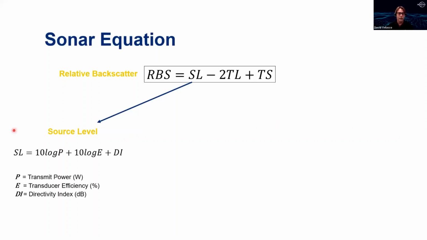So again, going back to source level: it is what is sent by the ADCP. Generally, these values are rarely provided by manufacturers, as it's not really needed for velocity measurements. The source level is assumed to be known and is assumed to be constant throughout time, which is our first big assumption in the process here.